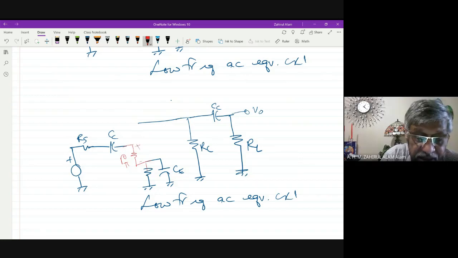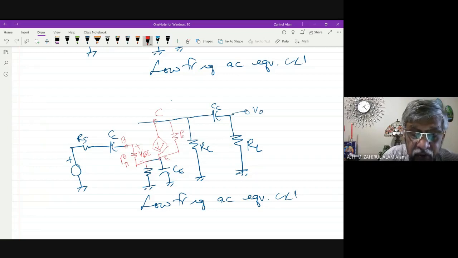The voltage across this is base to emitter, and this is collector to emitter. There is a current source in parallel with the output resistance.